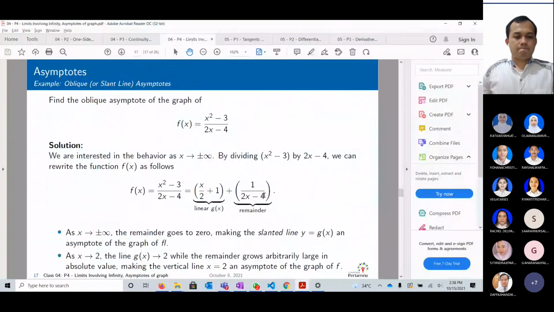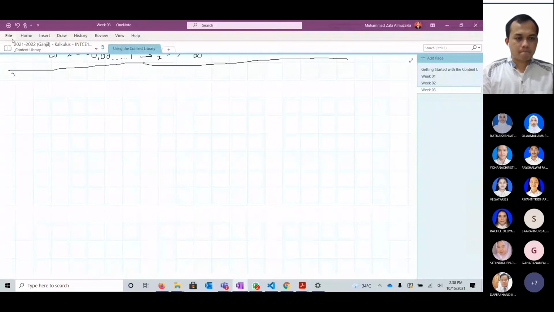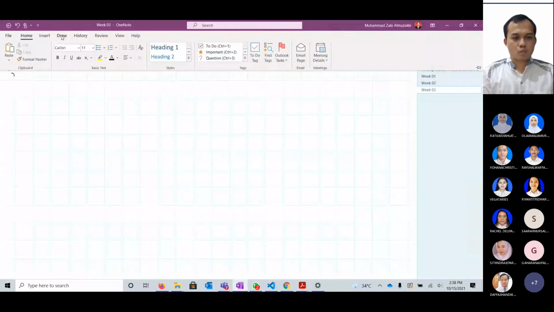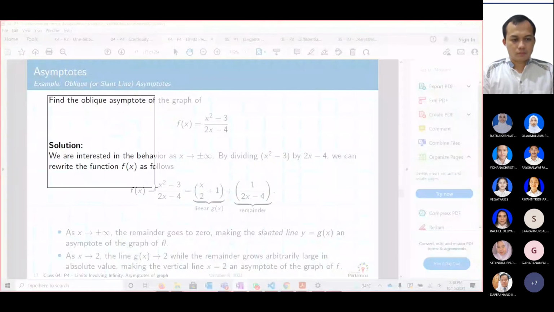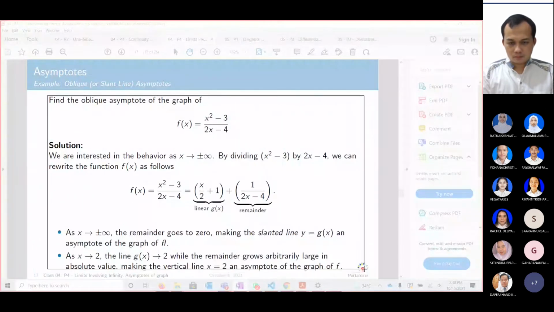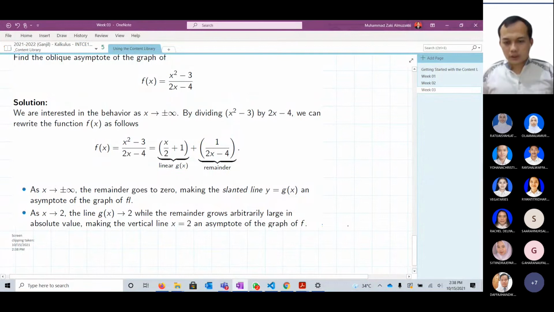So in this case, f of x, we want to make it something like this.